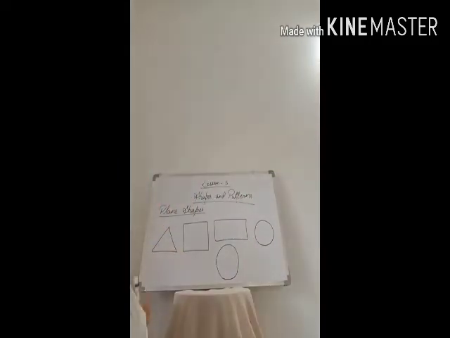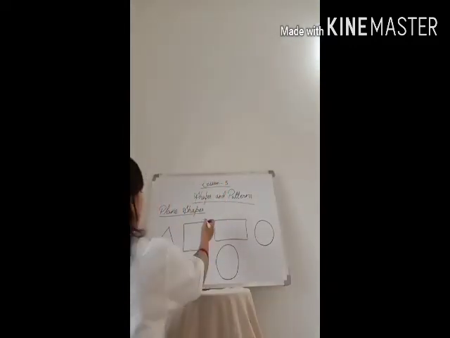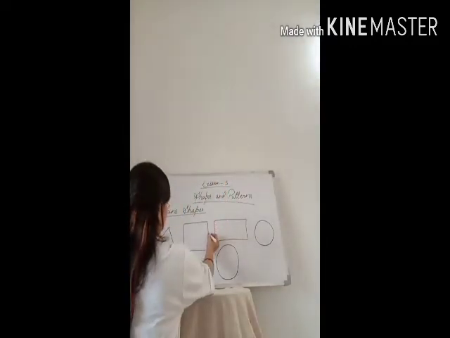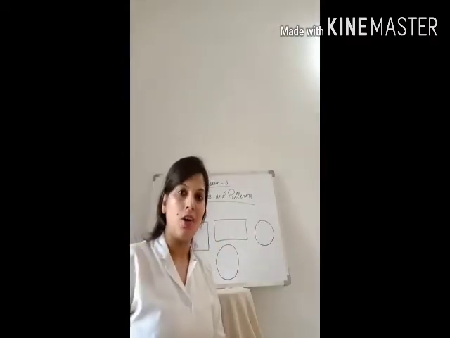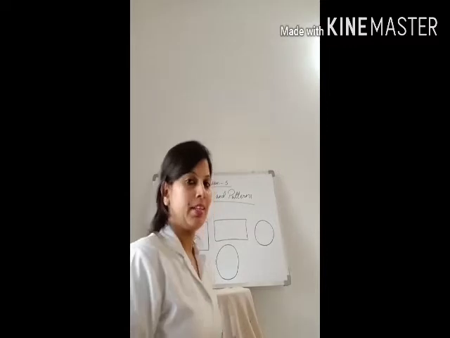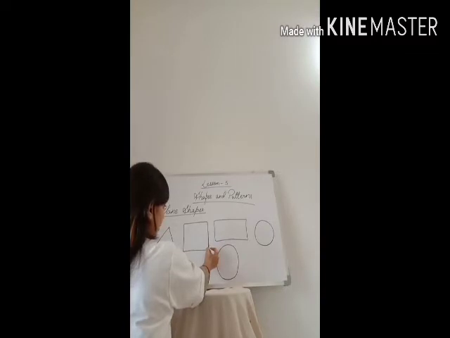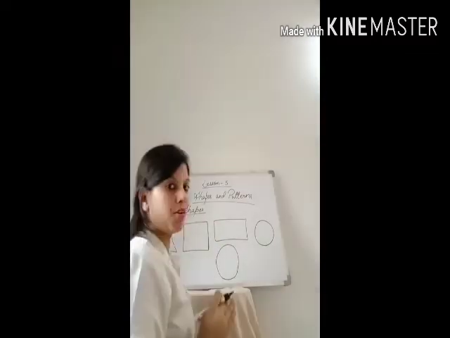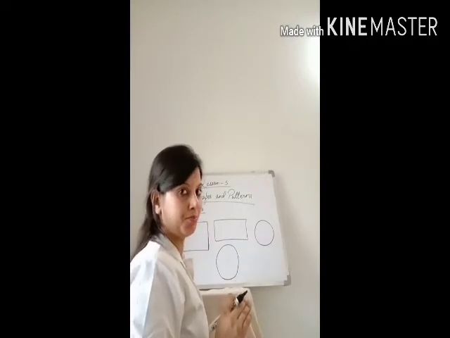The next property: one of the lines that make a flat or plane shape is called a side. If you are drawing any line on a plane or flat surface, then that is called a side.